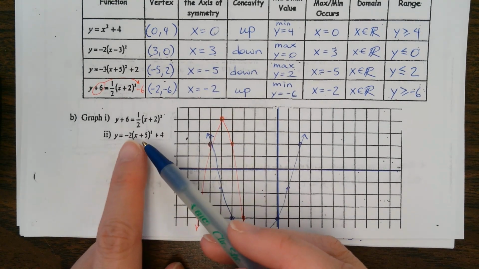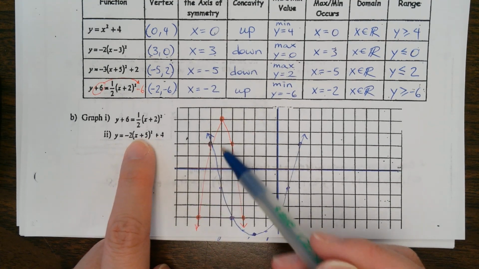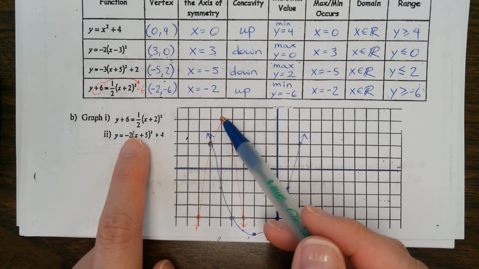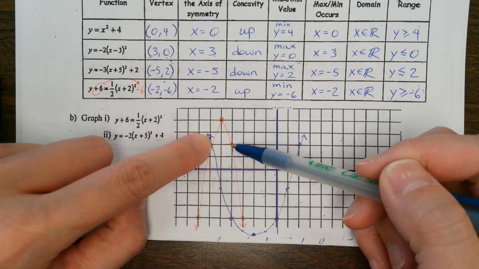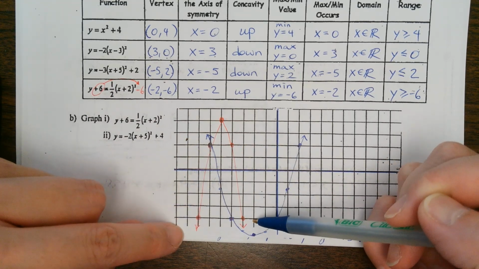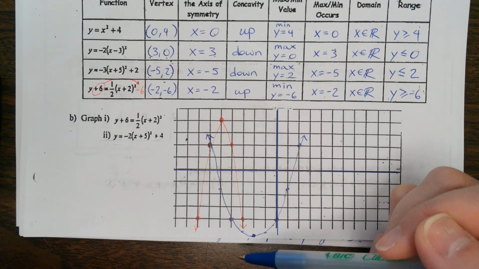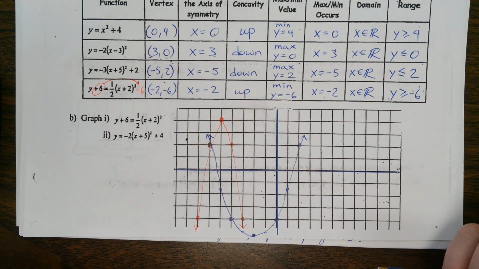Okay. This one right here, -5 and 4. So this parabola opens downwards with the A value of 2. So over 1, down 2. Over 1, down 6. And then over 1, down 9. And then there's my parabola. So these ones right here should take you really fast to do if you do the step method.